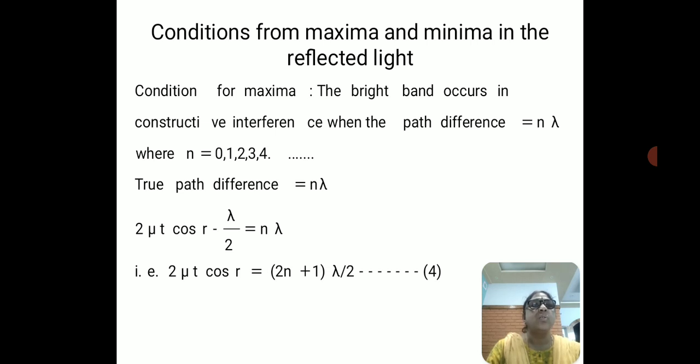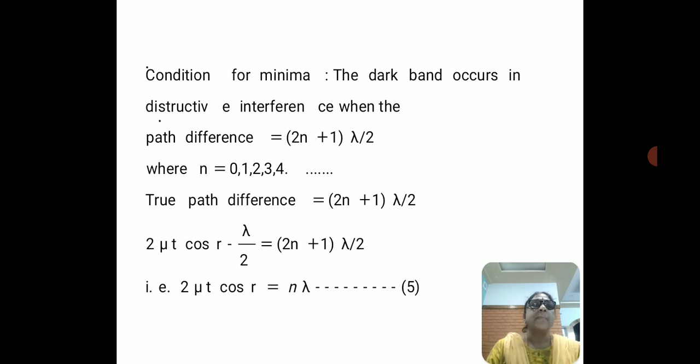Therefore, 2 mu t cos r equals 2n plus 1 lambda by 2. This is the condition for maxima. For a bright fringe, we get 2 mu t cos r equal to 2n plus 1 lambda by 2. Say this is equation 4.